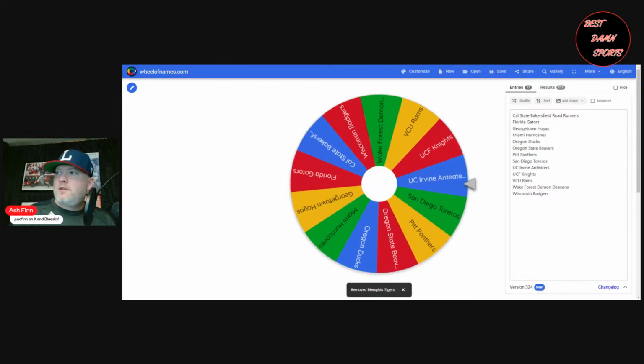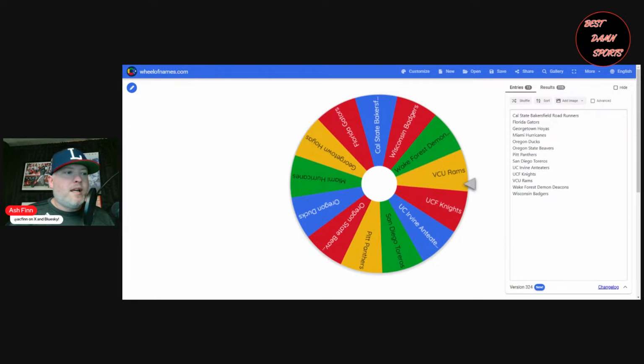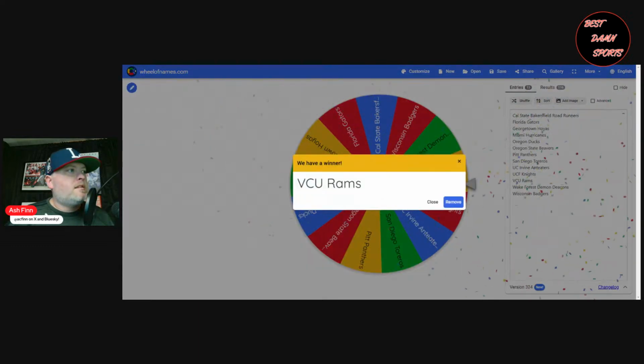Let's get another one. Let's see. The VCU Rams, are they Big East? No. American? Yep. The VCU Rams have the number 1 pick overall in the American Conference. Congratulations to the Virginia Commonwealth Rams.